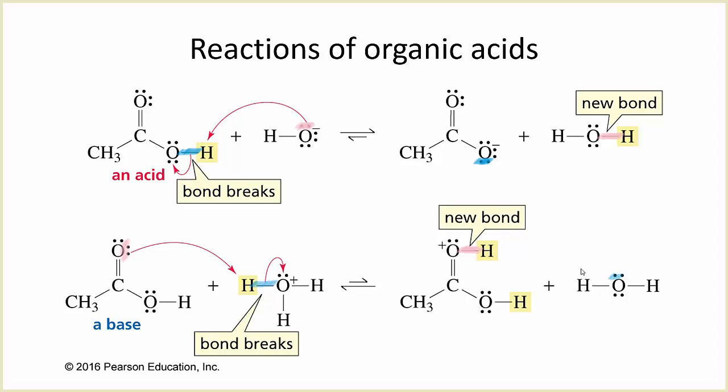Pair of electrons from the base attacks the hydrogen. Attack is the word we use, by the way. Attacks the hydrogen on the acid. And then the hydrogen has to form that new bond and release the electrons back to the atom they were attached to originally. And those form a new bond and actually a new lone pair on an atom.